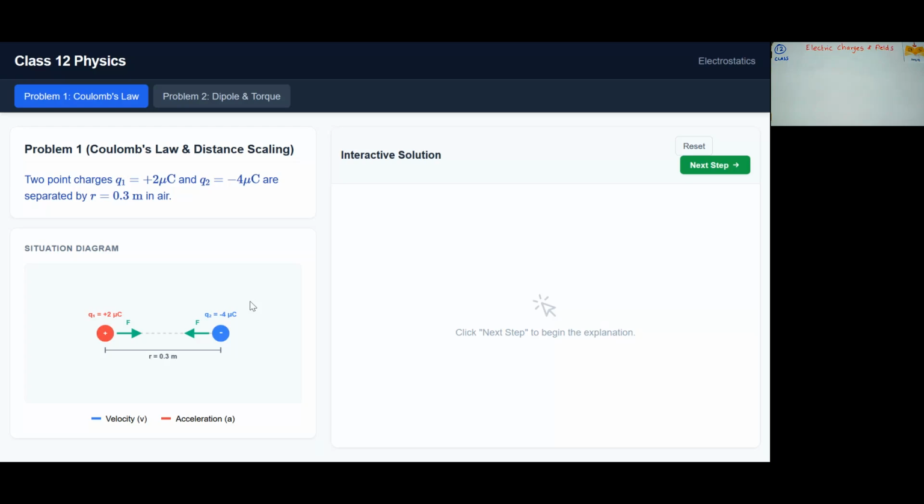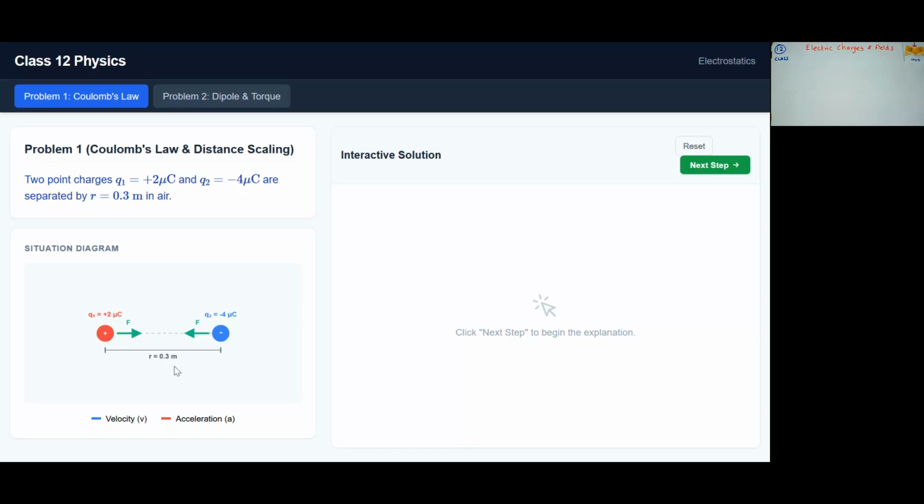Take a look at the diagram on the screen. We have a positive red charge and a negative blue charge. What do you know about opposite charges? Yes, they attract. Notice the green force arrows are pointing toward each other.